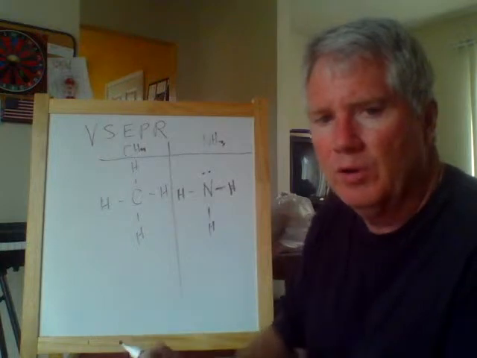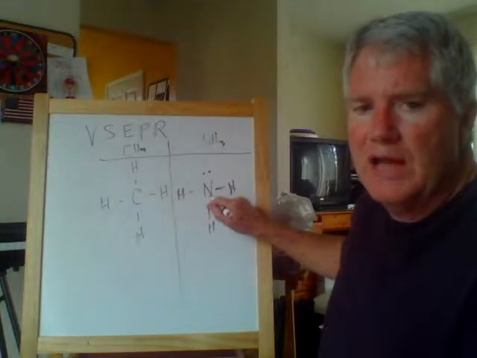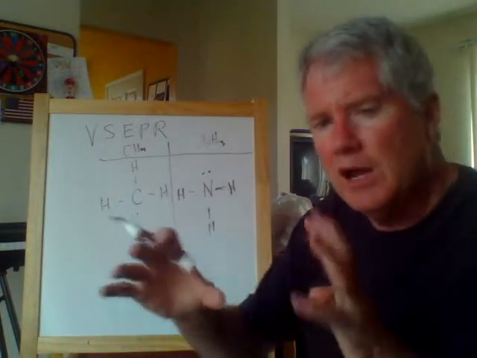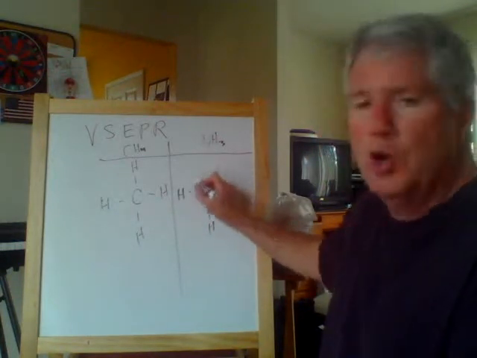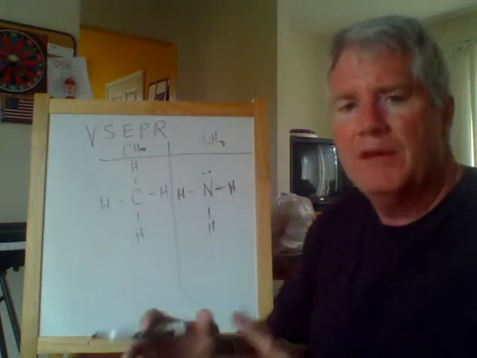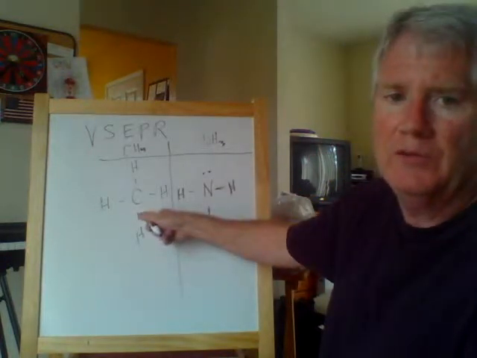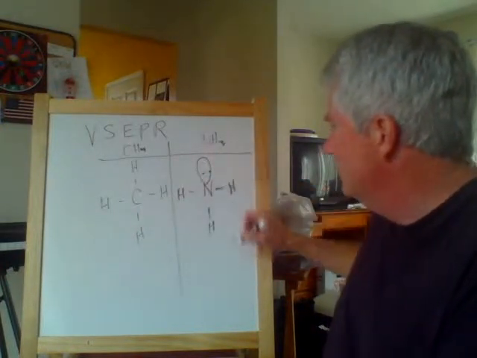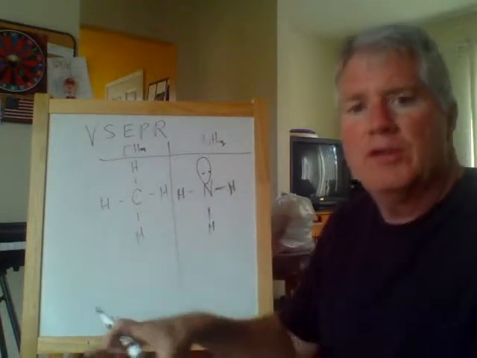However, one thing, and this is actually really important, is that if you think about it just from the electron standpoint, the central nitrogen atom really does have 4 things around it, meaning electron pairs. It has the 3 bonding pairs to the hydrogen, but it has this lone pair also. So truly from an overall shape, thinking about the electron configuration, ammonia has a very similar shape as methane, meaning that we've got a pair of electrons up here, and we've got 3 more pairs of electrons in the other 3 directions.